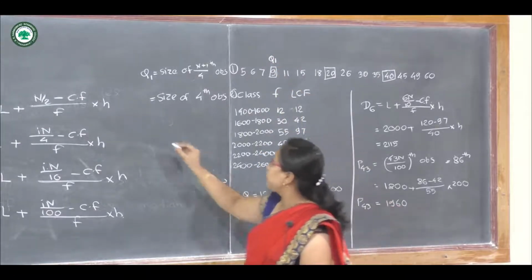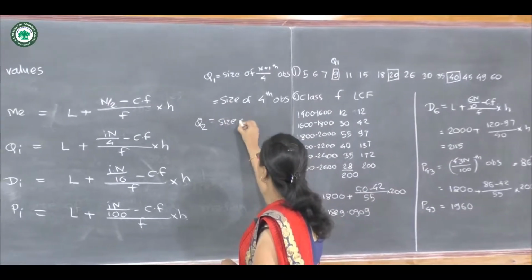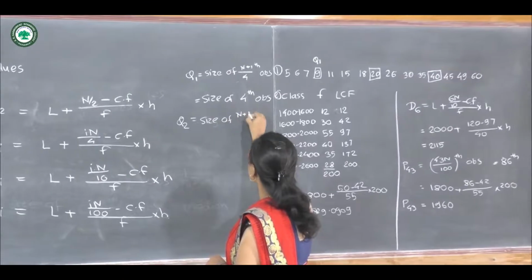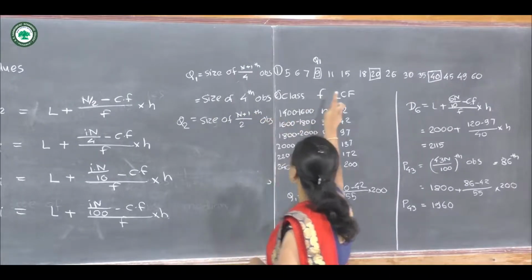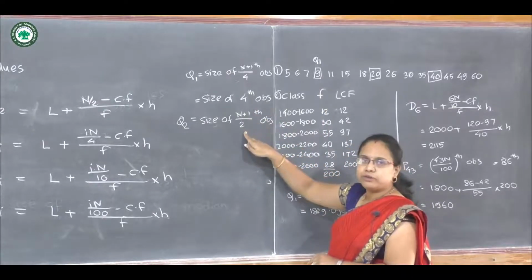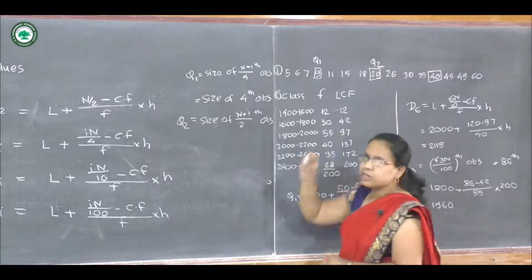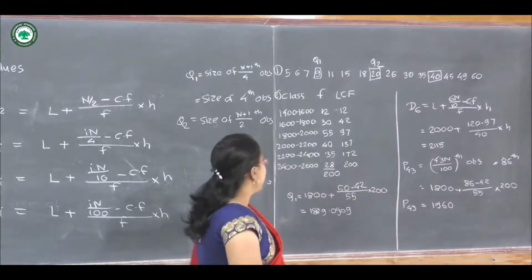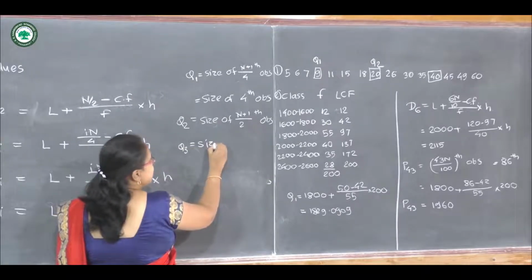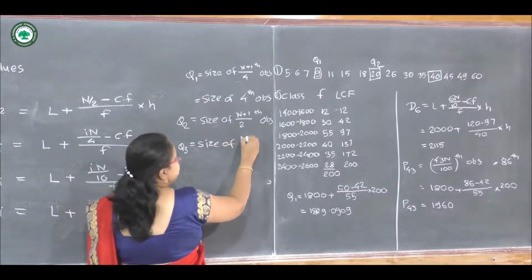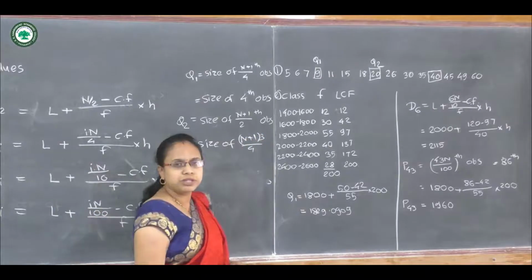Similarly, we can obtain Q2, which is the size of (n plus 1) upon 2th observation. So it will be 16 upon 2, which is 8. So the 8th observation means Q2 is 20. And finally we can obtain Q3, which will be the size of 3 into (n plus 1) upon 4th observation.